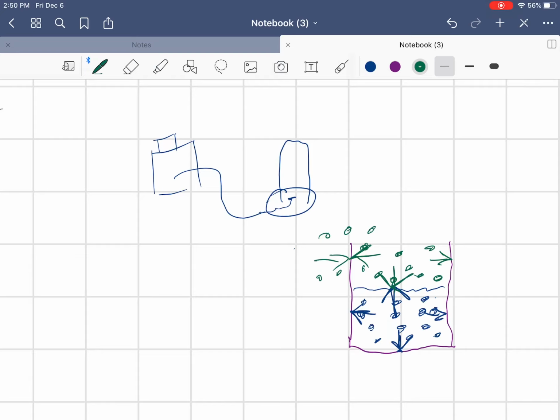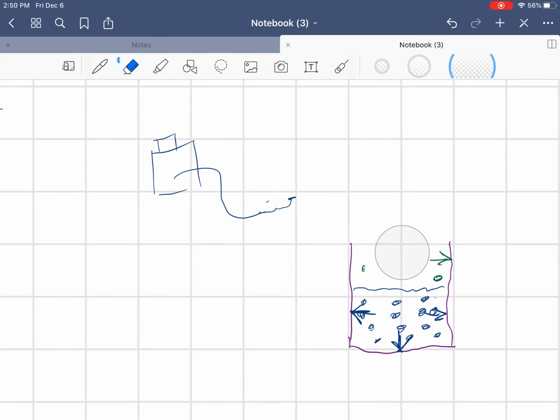Now, as we then introduce a vacuum chamber, the vacuum chamber will remove these gas particles. And in doing so, it removes that opposing force to the water. And so we end up seeing that water begins to boil at a very low temperature.